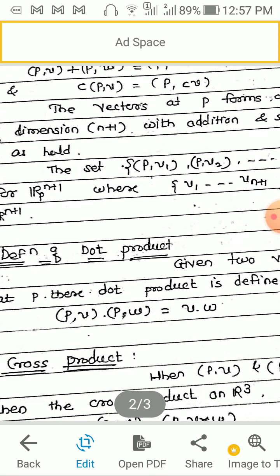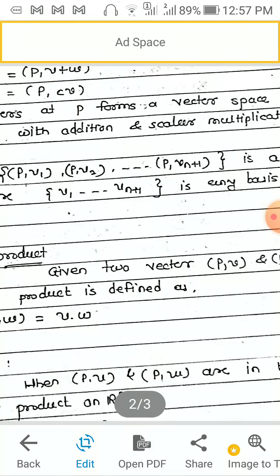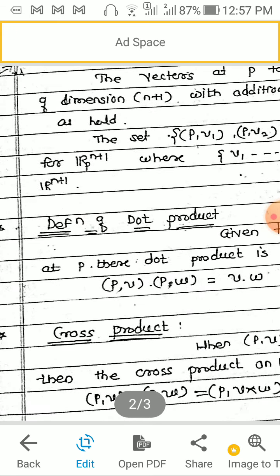Now, the set of all these vectors means what? (P,V1), (P,V2), ..., (P,V_{n+1}) is a basis for R_p^{n+1}.